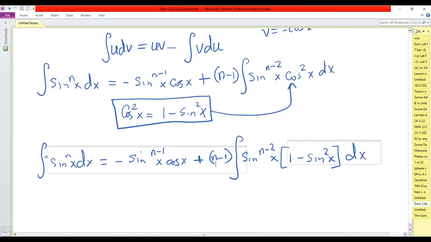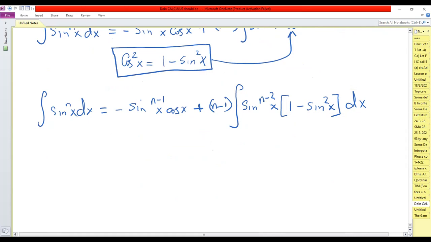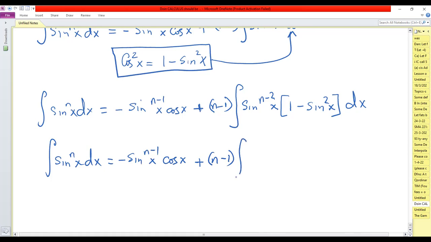So we are going now to multiply this factor n minus 1 to each of these functions in this integral sign, so that we'll have the integral of sine power n x dx equals negative sine n minus 1 x cosine of x plus n minus 1 times the integral of sine n minus 2 x dx. Multiplying this sine raised power n minus 2 x times 1, we get the integral of sine n minus 2 x dx.